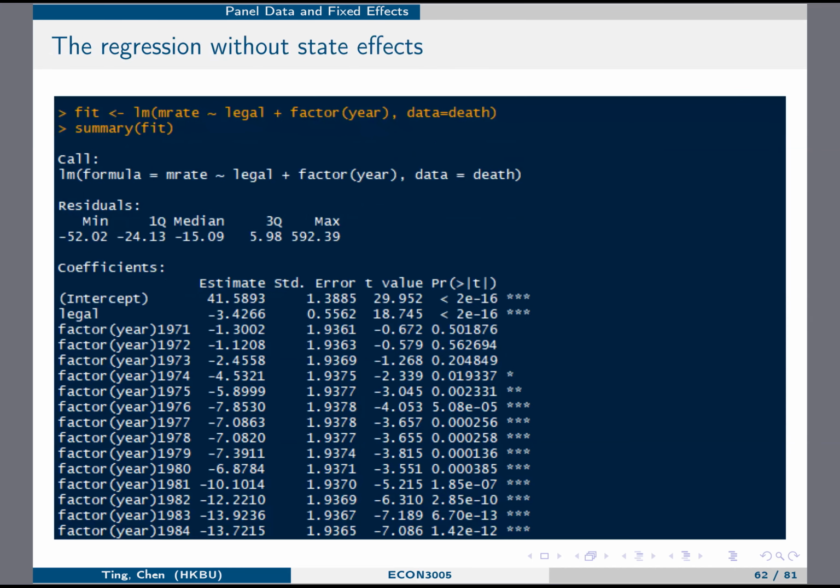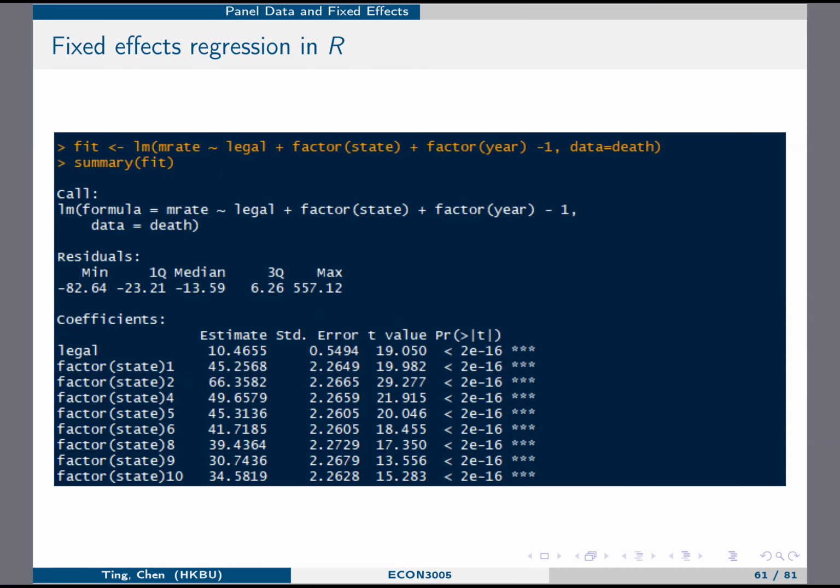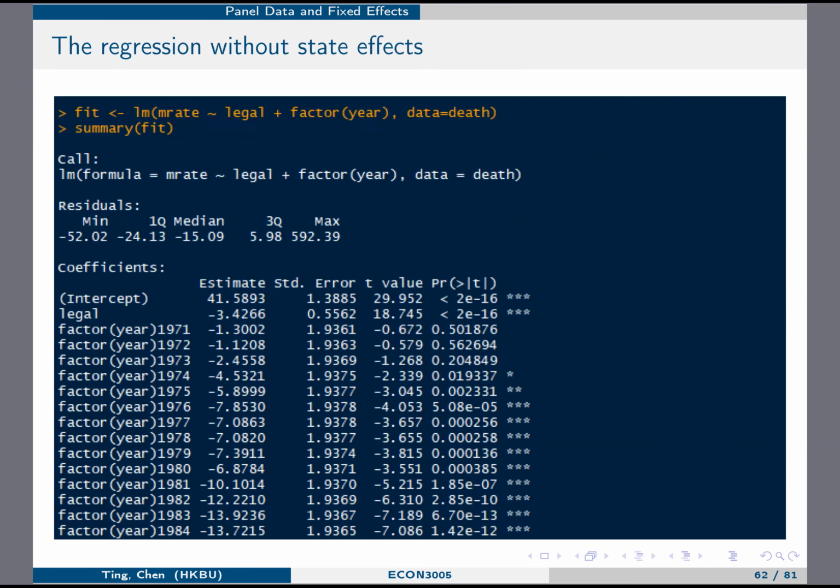But in the case that we want to exclude the state effect, then we will exclude this factor of state part in the equation and only add the factors of year. And what's the result? Now we also have a significant result for the legal drinking age.